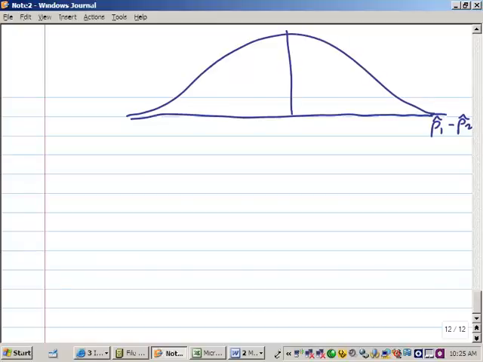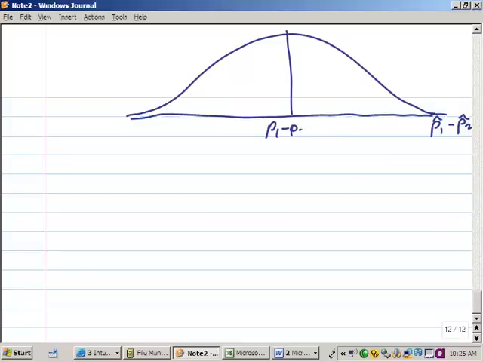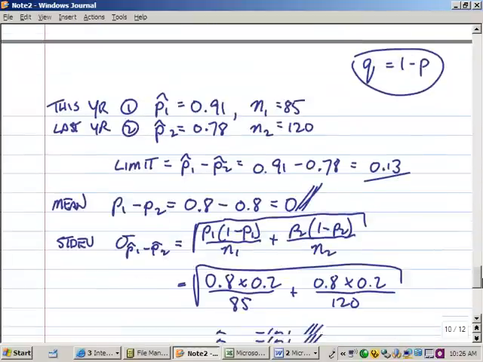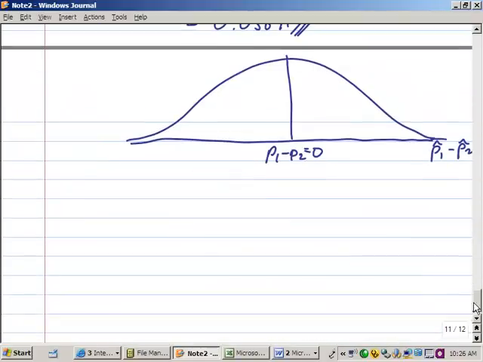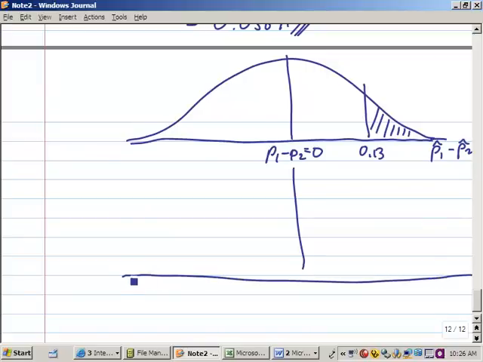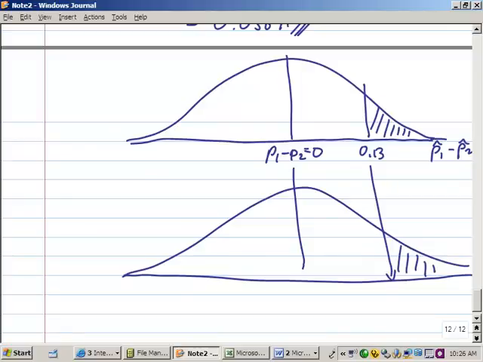It's the distribution of all such differences. The mean of that distribution in this case is 0. The limit, 0.13 and up. It's the probability of getting an increase as large or larger, and we have a standard deviation. We translate that to the z distribution, and again it's the area in a tail.